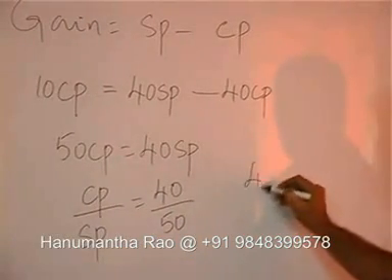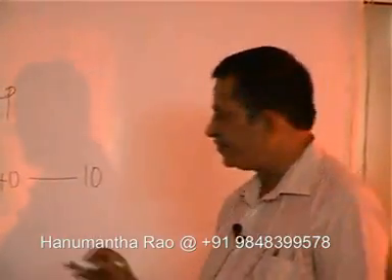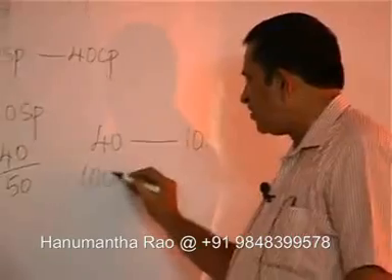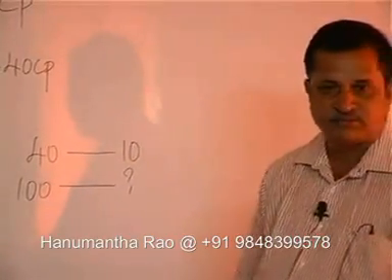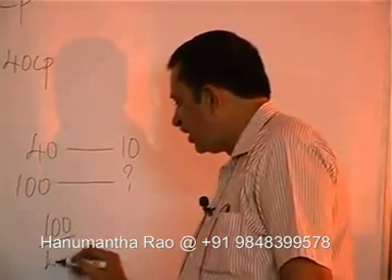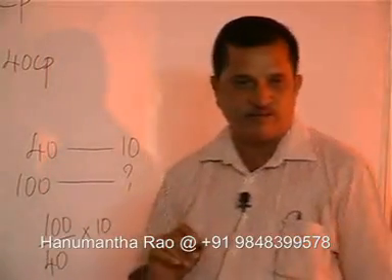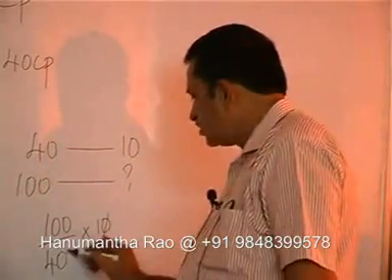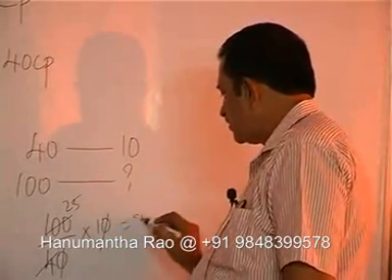For an investment of 40 rupees, there is a gain of 10 rupees. For an investment of 100, what would be the gain? 100 by 40 into 10. 0, 0 gets cancelled. 4 25s.